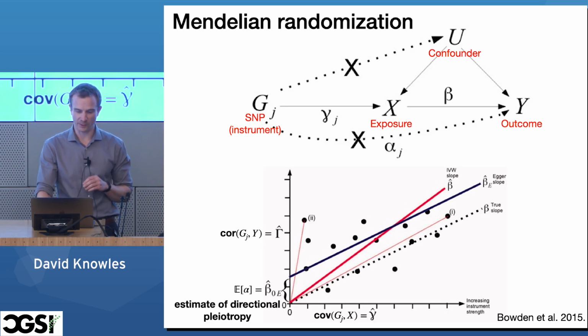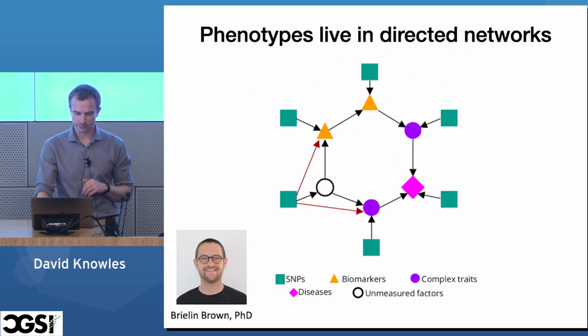It does not, however, deal with this edge, if you have an effect going from the SNP to a confounder that affects both X and Y. So the classical MR methods, like Egger regression, consider traits two at a time, just one exposure and one outcome.